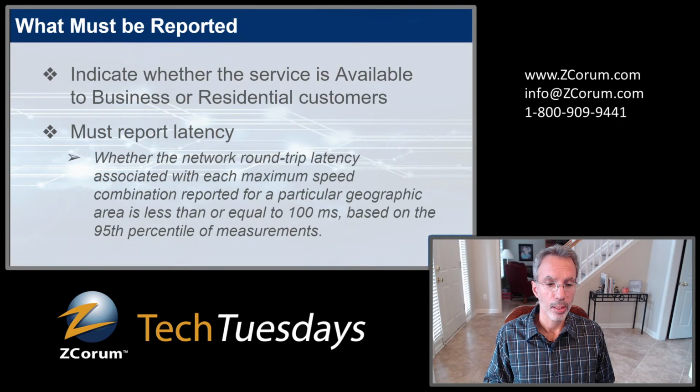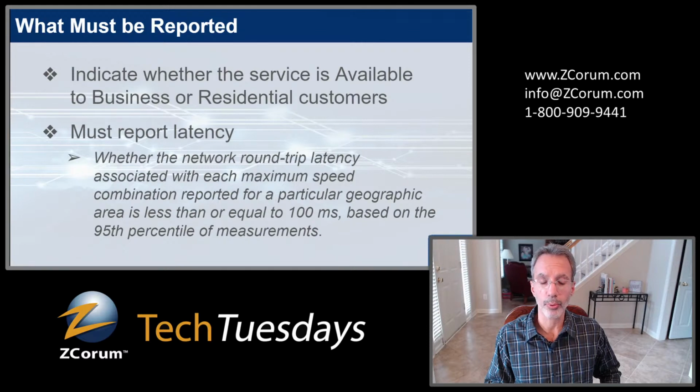So whether the network round-trip latency associated with each maximum speed combination reported for a particular geographic area is less than or equal to 100 milliseconds, based on the 95th percentile of measurement. So most operators are going to meet this. Geostationary satellite operators are not going to meet this. There may be some others that may not for some reason or another, but most will meet this.